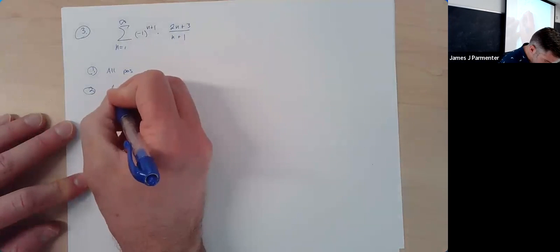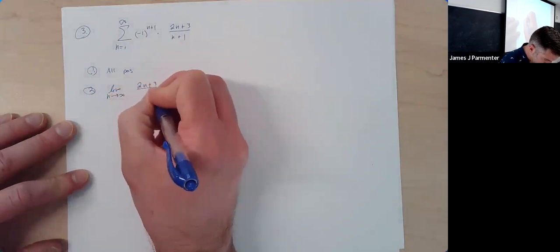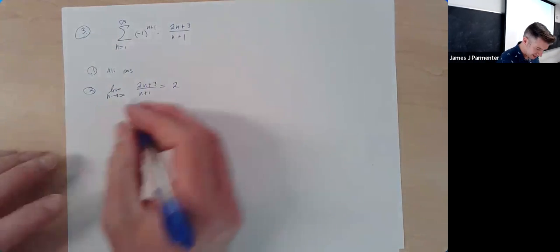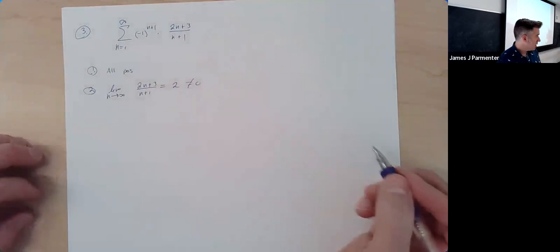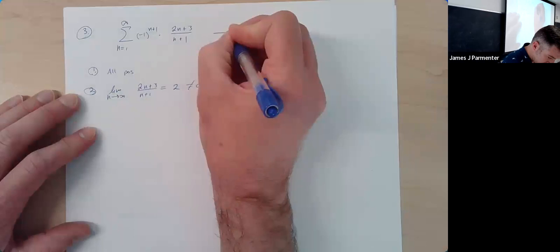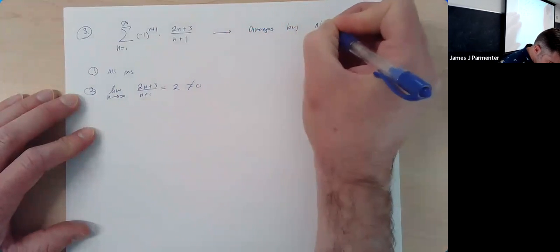So if I take the limit here, n goes to infinity of (2n plus 3) over (n plus 1), that's going to equal 2, not 0. So then we can say that this series diverges by the test for divergence. Diverges by the nth term test, or test for divergence.